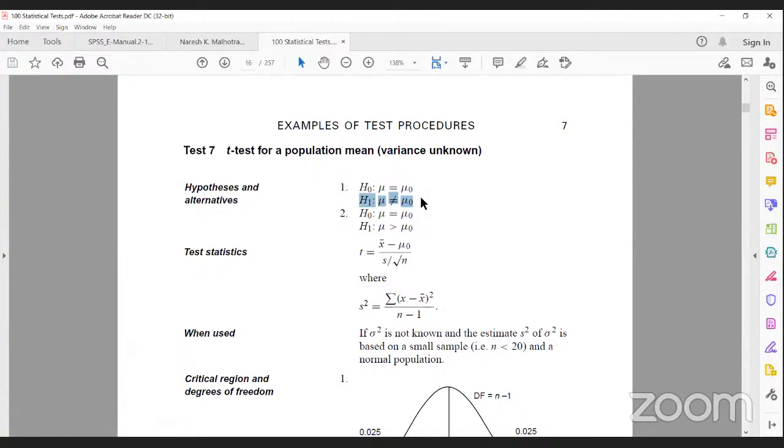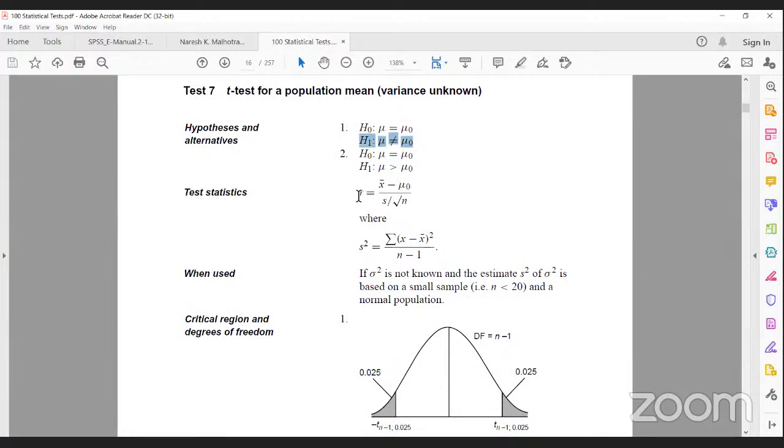What is the test statistic we are going to use here? This is the test statistic. What is X bar? Does anyone know the X bar? It is the sample average. If, for suppose, you take 10 observations, we take the average of them and make the difference with the cutoff point we have taken.